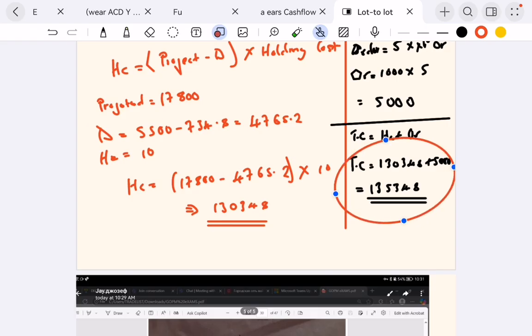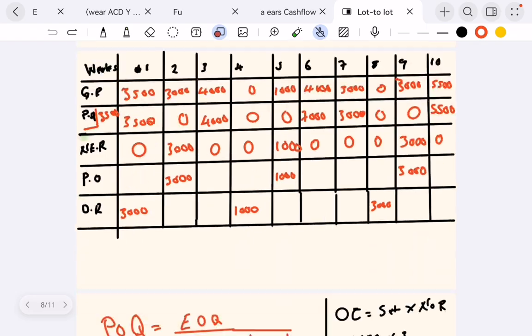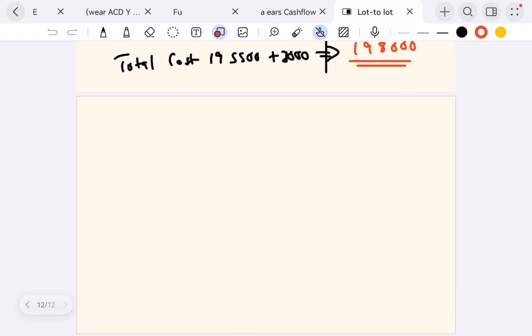Because the last question was asking us to deduce which one is the best, we give the reason which one should be used when you are doing the MRP. So we have A, which was lot to lot, which gave us 7,000. We had B, the economic order quantity, which gave us 135,348.